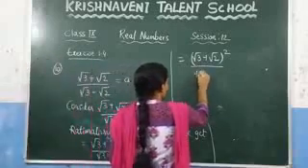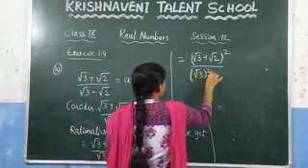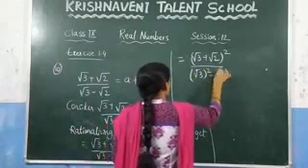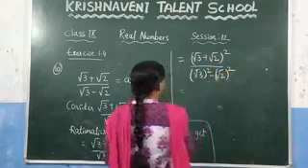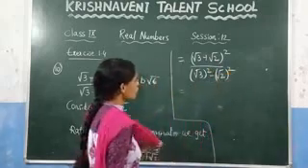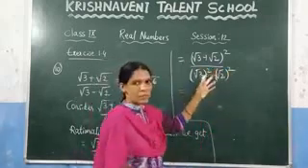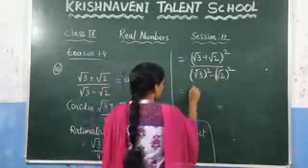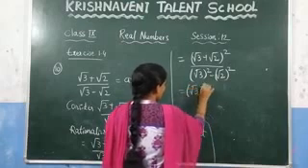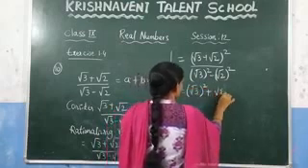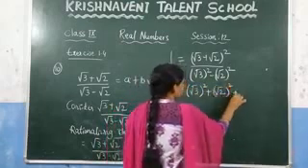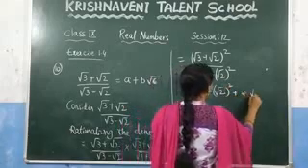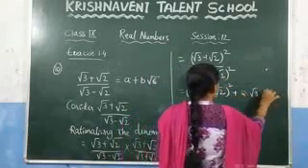So you can write it as root 3 whole square minus root 2 whole square. Now you can expand this one. You know that a plus b whole square is nothing but a square plus b square plus 2ab. So substitute here: what's the value of a? Root 3 whole square plus, what's the value of b? Root 2 whole square plus 2ab, that means 2 into root 3 into root 2.